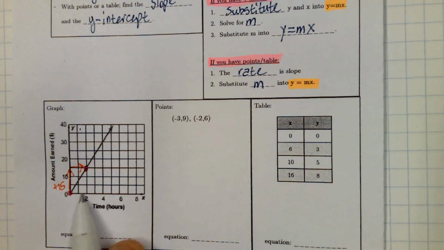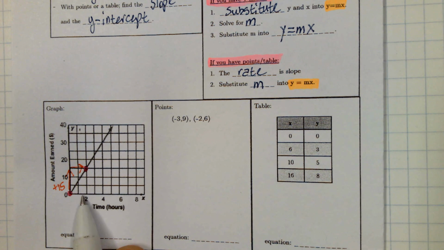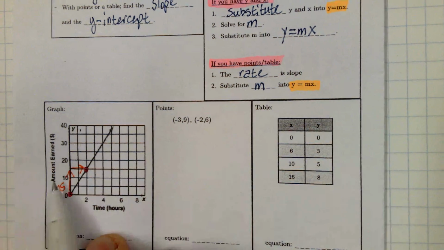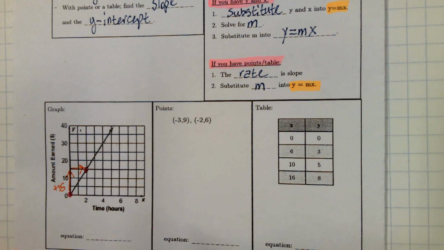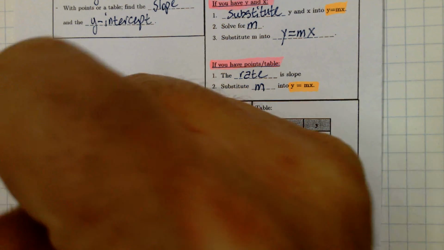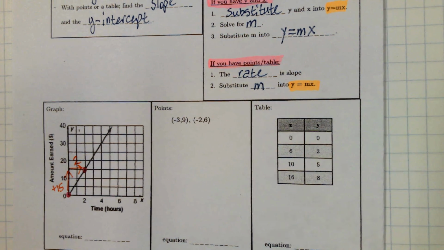And if we go across 2, is that 2 or something else? That's actually 2, because we're measuring amount earned in dollars. And so this is 2. So let's figure out our slope, our change in y over change in x. From now on, I'm just going to call it m, if you don't mind, guys.